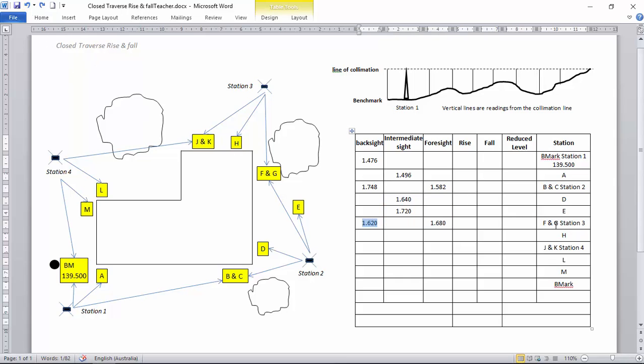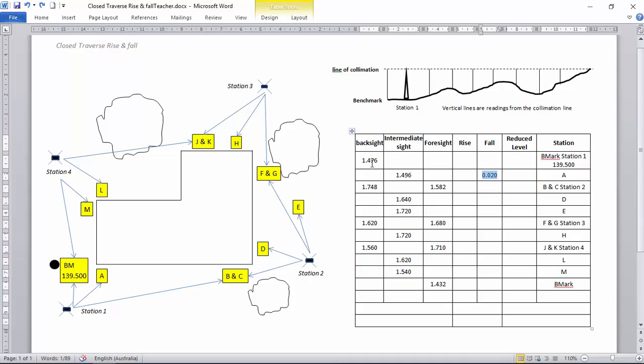Then G from station 3 is our first reading, and it's our back site, and then we have our intermediate and foresight. Okay, then we have our back site from station 4, which goes to K, and then we will complete the readings there with 2 intermediate readings and a foresight back to our benchmark to complete our traverse.